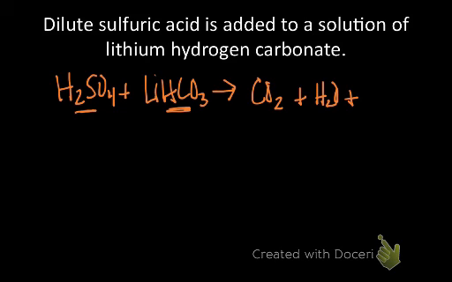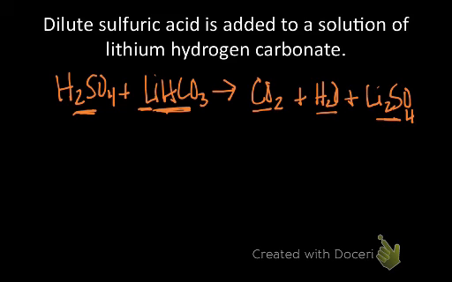So in this case it would be the lithium sulfate. So I would have Li2SO4. So again, this is an acid with a carbonate. You end up with CO2, H2O, plus whatever ions are left that form that other salt.